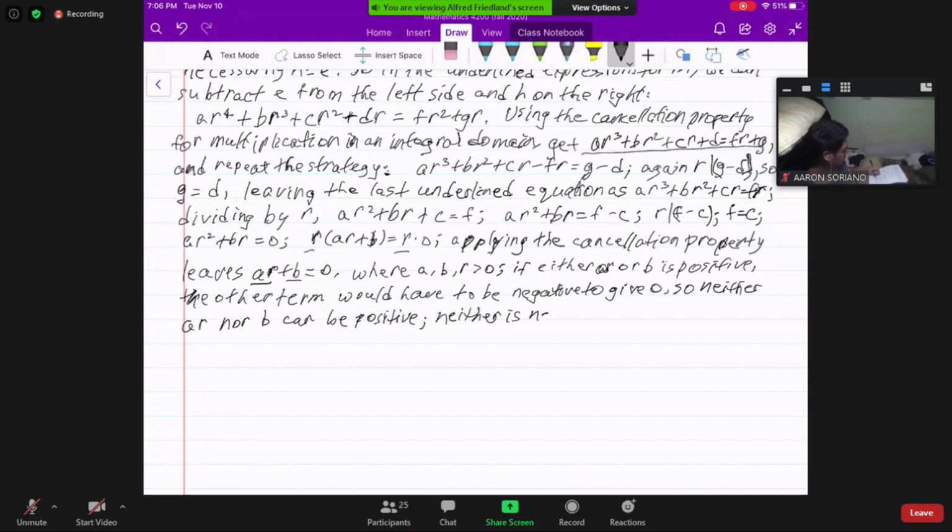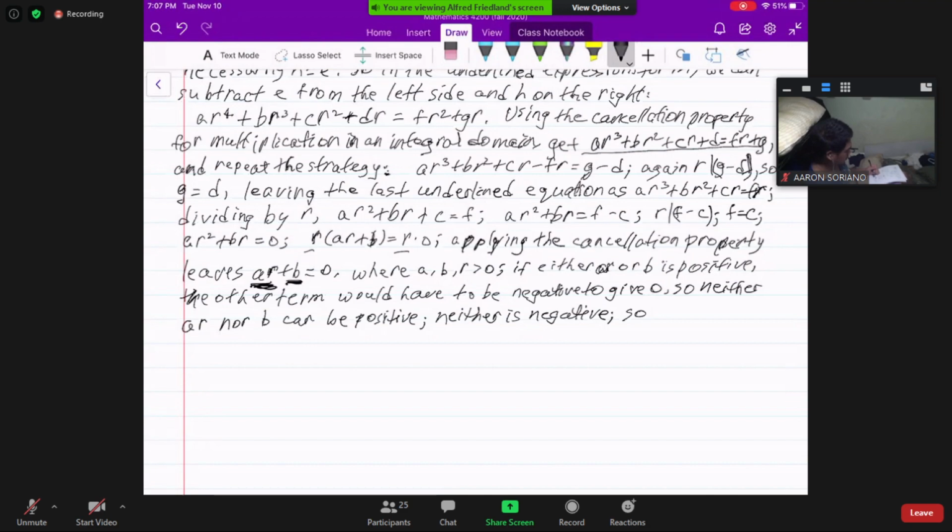And again, neither is negative because R is at least 1, so it's positive. And A and B can't be negative because they're digits of the number. So neither is negative. If either AR or B is positive, the other would have to be negative to give 0, and that can't happen.